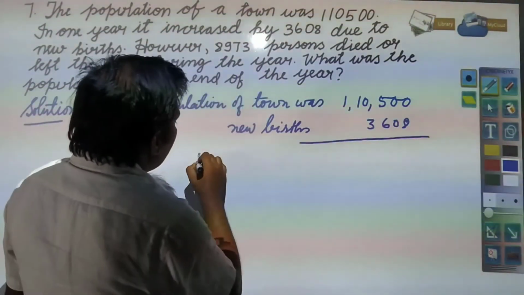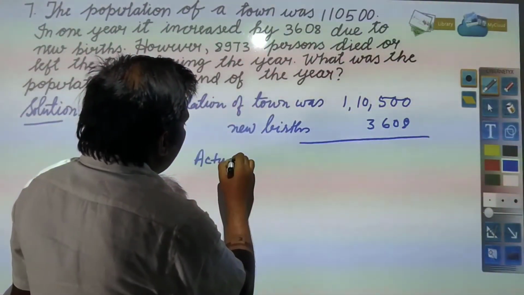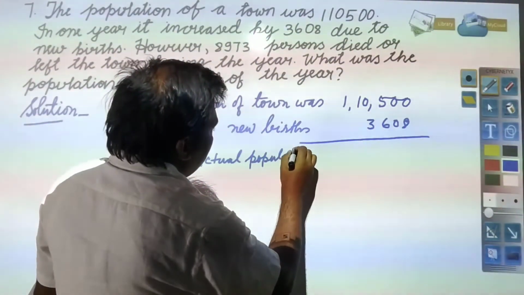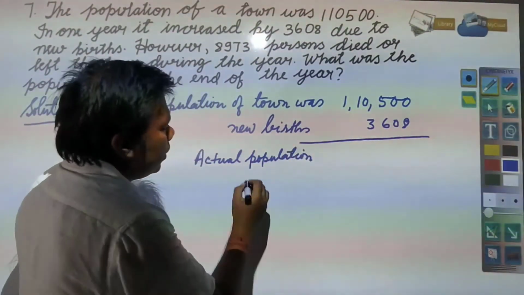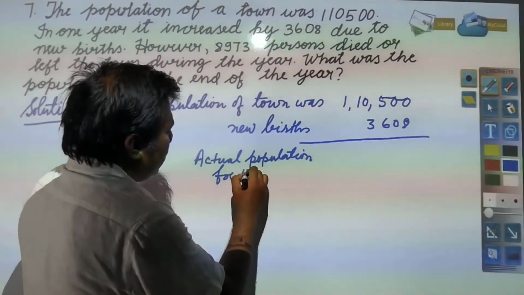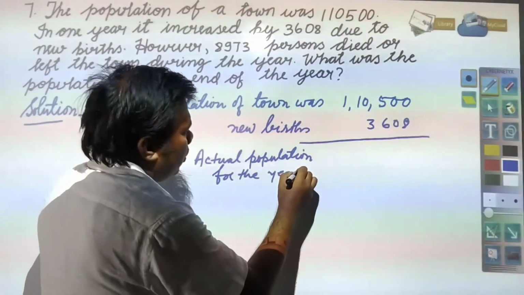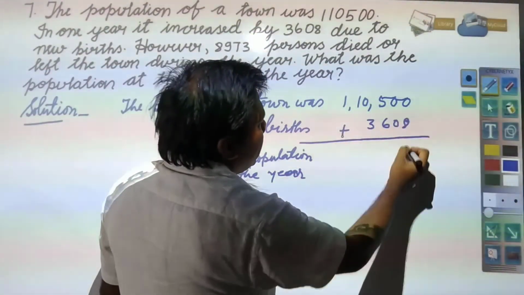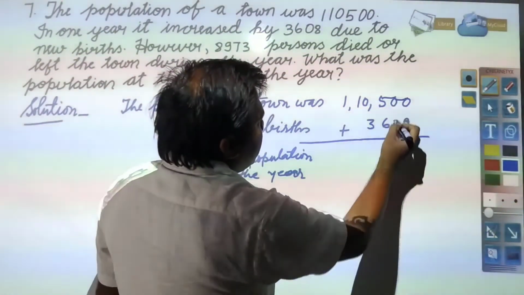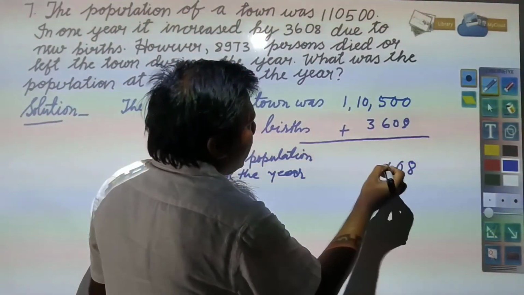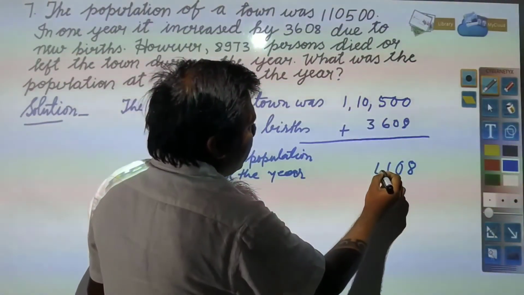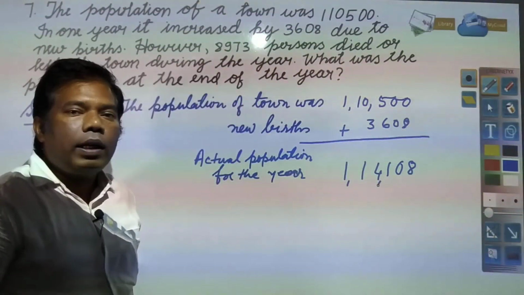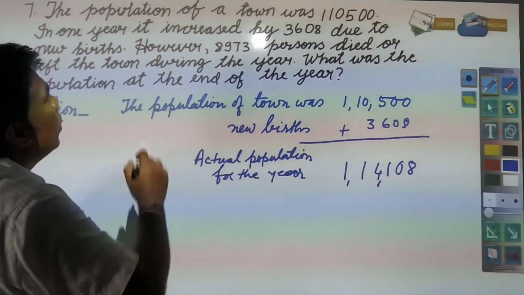So this is the actual population for the year. So this will be how much? You need to add this. 8 and 0, 8 you will get, 0, 5 and 6, 11, 3 and 0, 3 and 1, 4, 1 and 1, means 1,14,108.